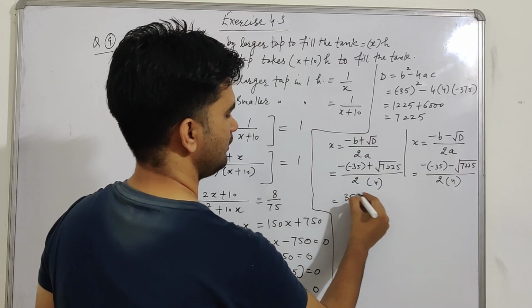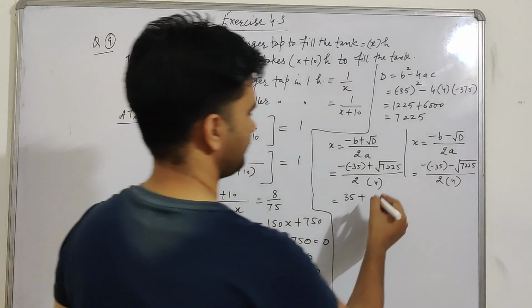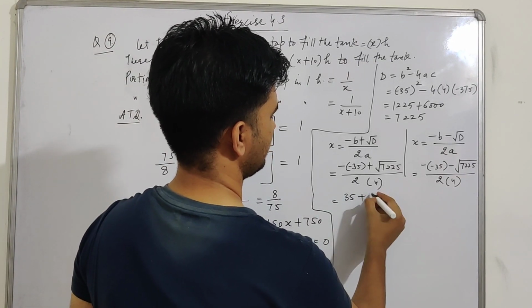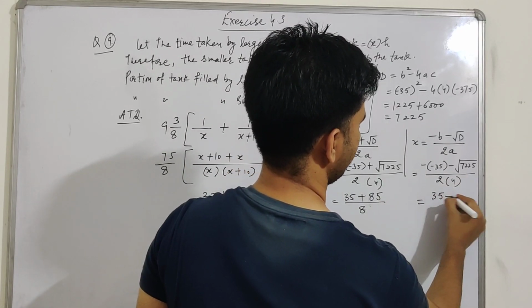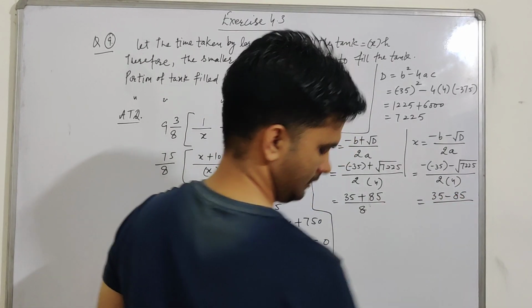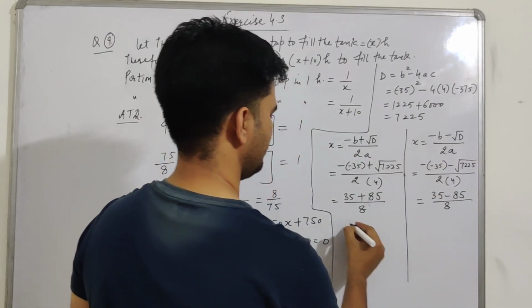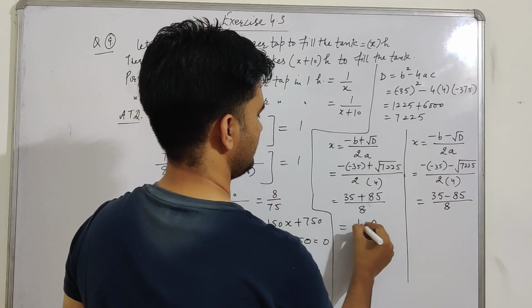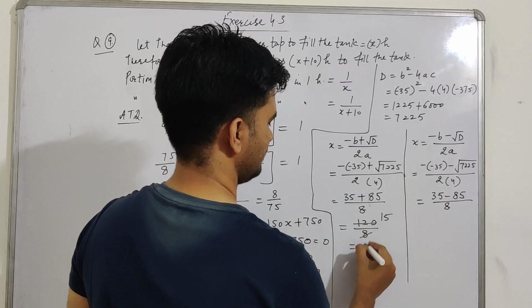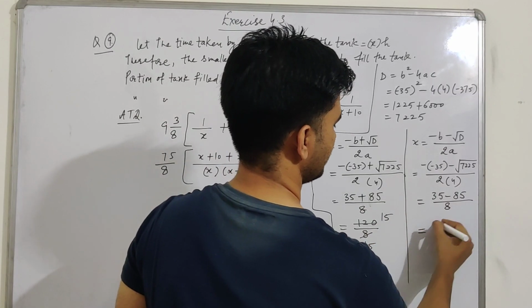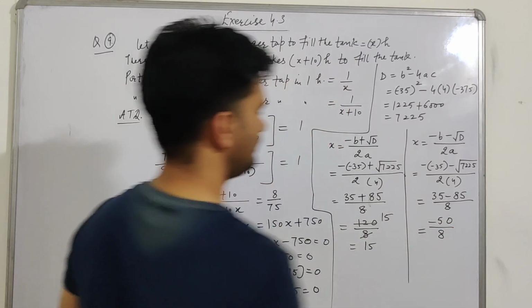So it is 35 and square root of 7225 is 85 upon 8, and here 35 minus 85 upon 8, 120 upon 8 is equal to 15, and here it is minus 50 by 8.